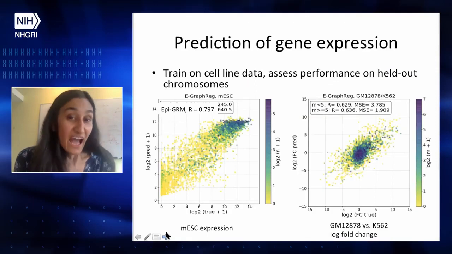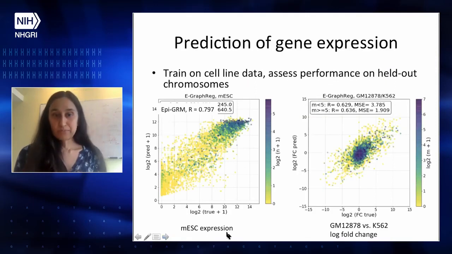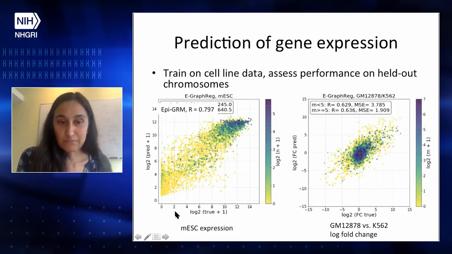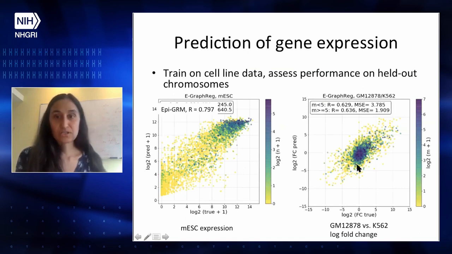How well can we do? We actually can do quite well. This is true signal versus predicted signal on held-out chromosomes in mouse ES cells, and you can see a nice correlation.